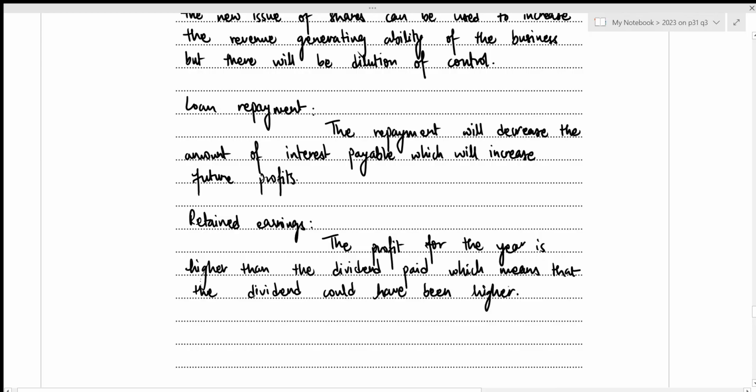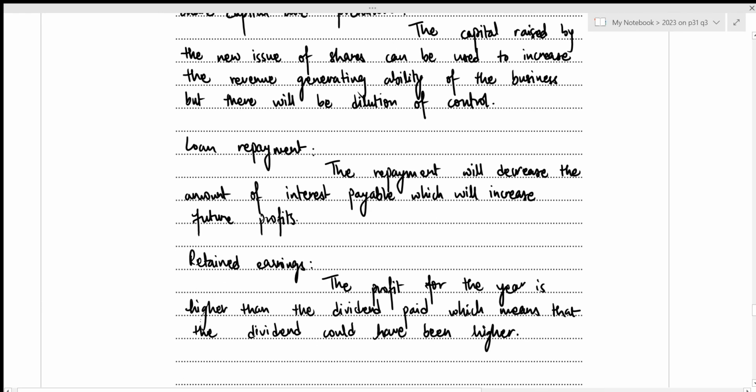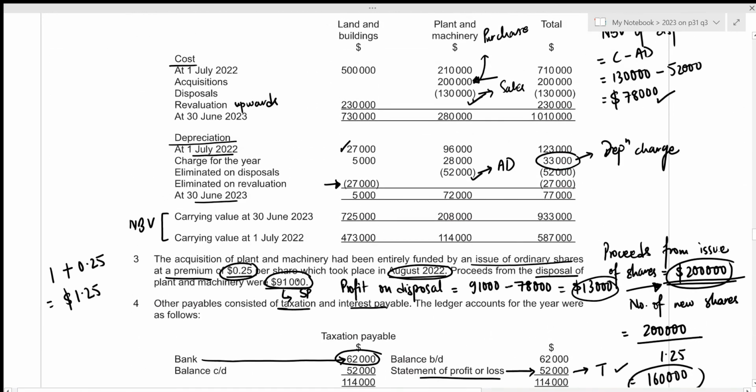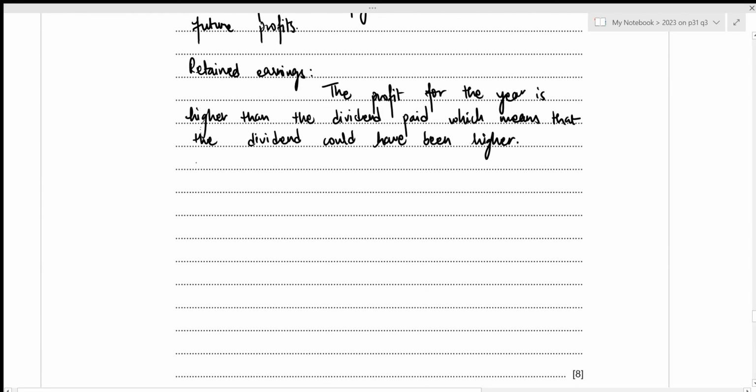Now the remaining element of our capital employed is the general reserve and our revaluation reserve. No information was given for general reserve, but I think there was revaluation upwards. Yeah, right here. So this will increase our revaluation reserve. We can consider that as well. Okay. So the revaluation reserve revalued the non-current assets upwards. It will not really increase the revenue generating ability of the business. So this will not affect the shareholders.